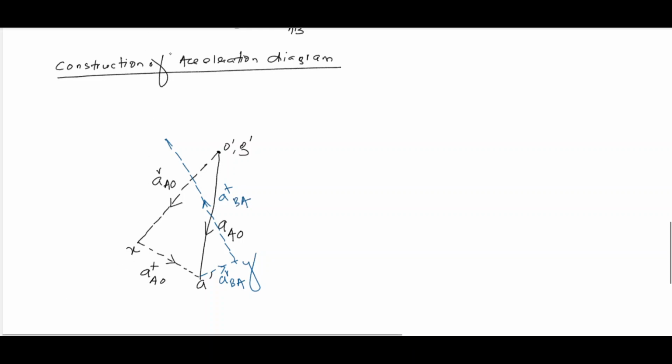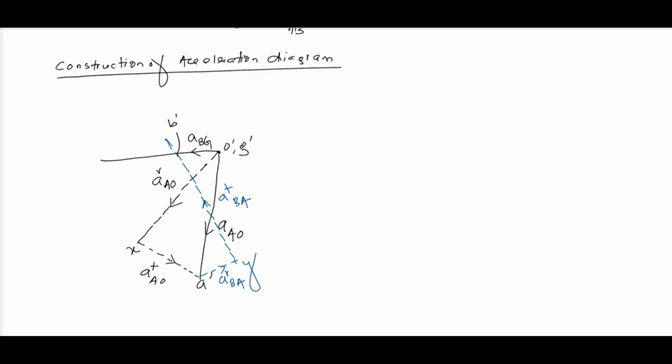Now from point O dash, draw a straight horizontal line, which represents the acceleration component of B with respect to G. Both lines will intersect here at B dash, and you will find this point B dash.